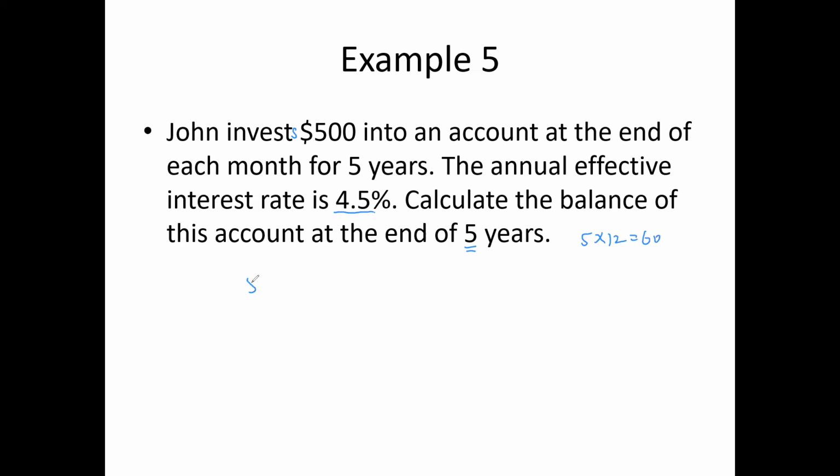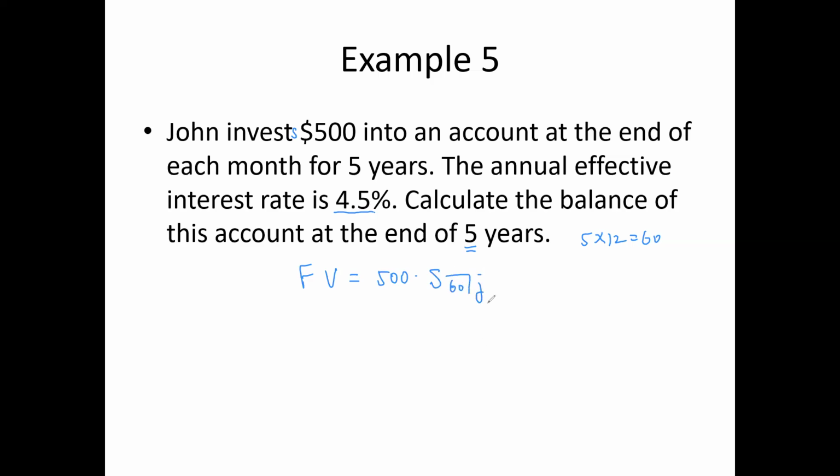So we are looking for the future value, because that's the balance at the end of 5 years. So future value equals $500, that's the monthly payment, and you have s angle 60 at rate j.